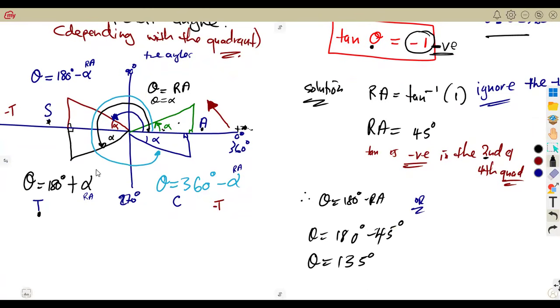But being in the fourth quadrant where tan is also negative, theta was going to be what? 360 minus the reference angle, 45 degrees. The difference there is now giving us theta, the exact angle, which was going to be 315 degrees.